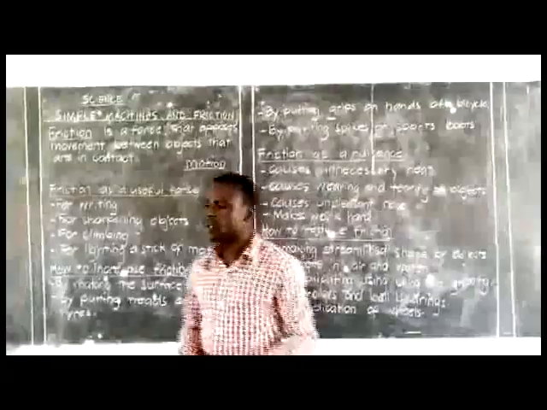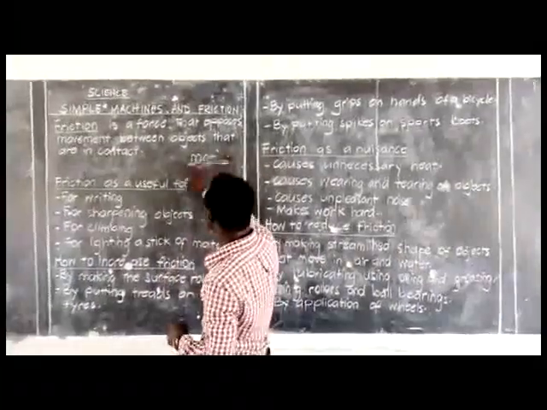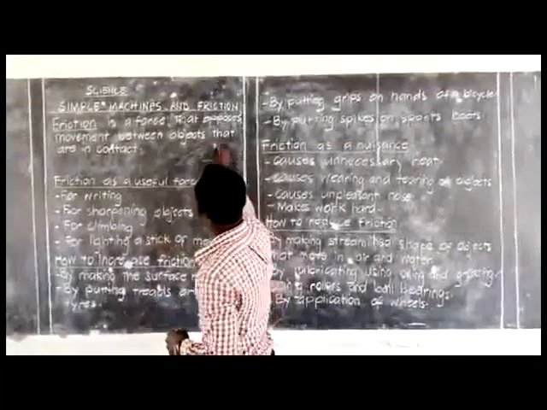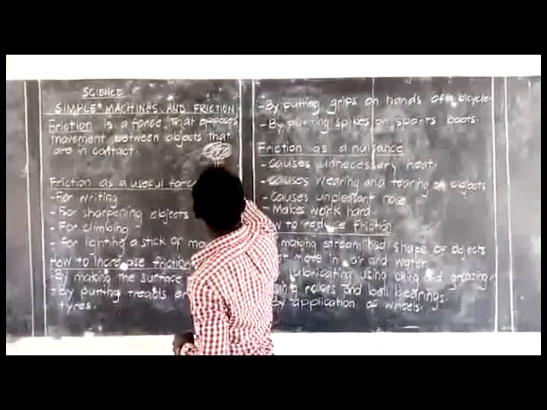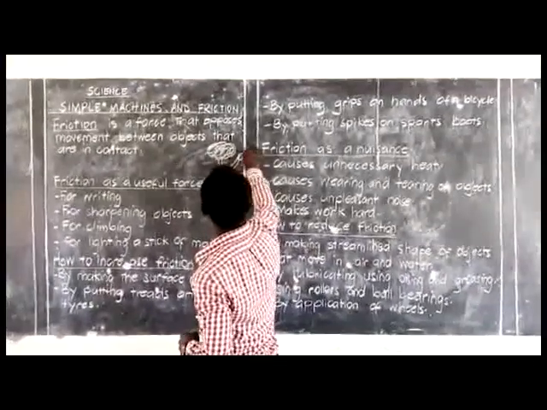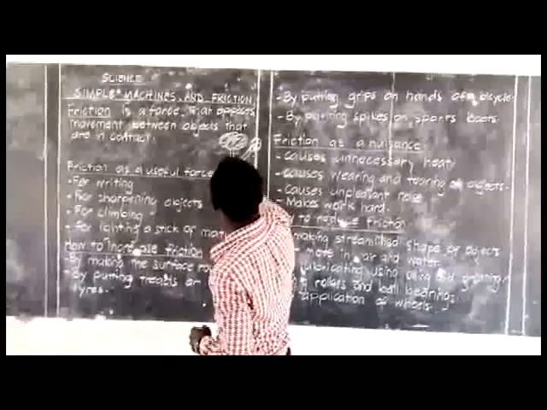Friction can also be used for climbing. For example, you have a tree out here that you want to climb. John wants to climb and get a mango.